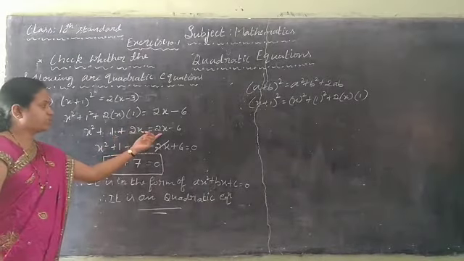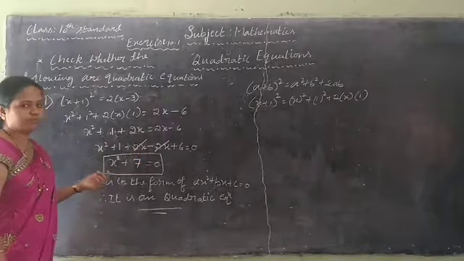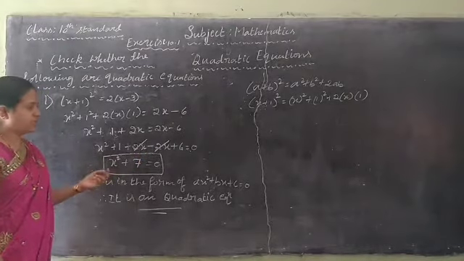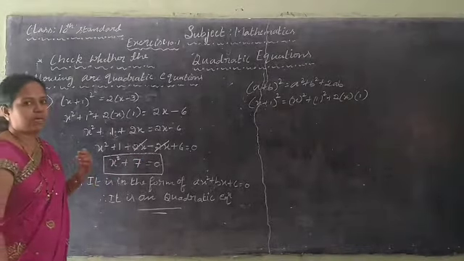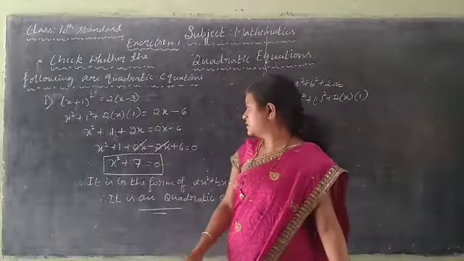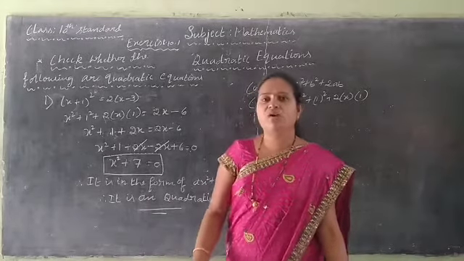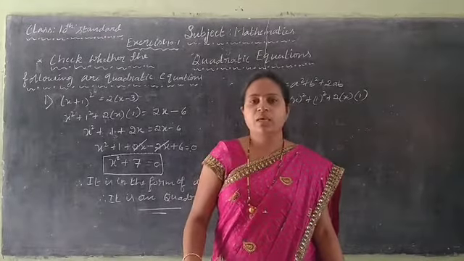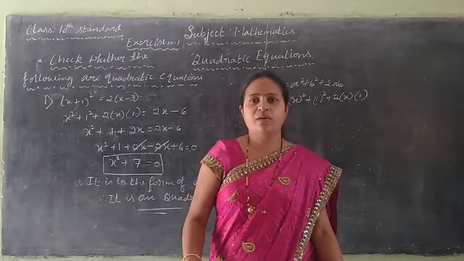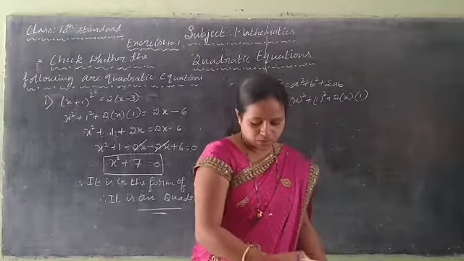Now transfer this 2x to this side, it will become minus 2x, and minus 6 will become plus 6. Here plus 2x and minus 2x get cancelled. The remaining is x square plus 7. So, we have to add 6 and 1. When you add 6 and 1, we will get 7. So, x square plus 7 is a quadratic equation. Understood? Okay. We will do the second problem, children.